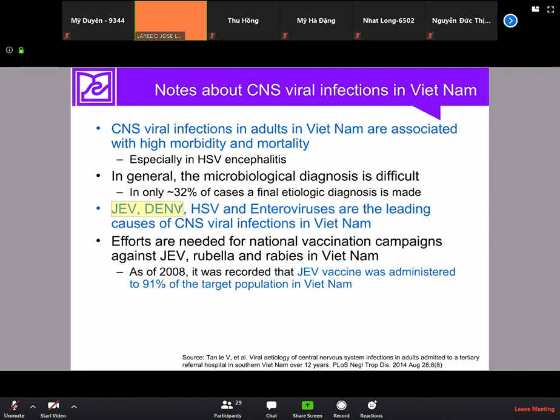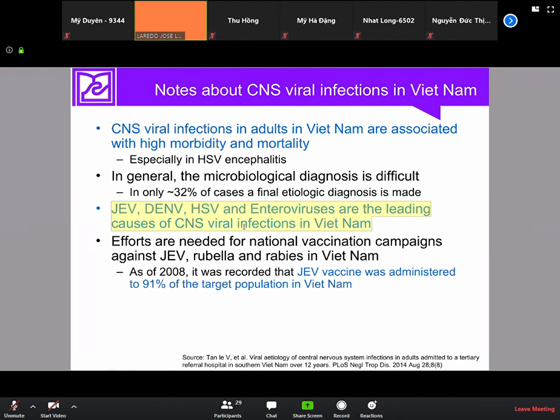Remember the picture that I showed you yesterday with dengue in the center, encephalitis. You remember? Yes, the 3 circle. Yes, exactly. Herpes simplex virus and enteroviruses. For example, polioviruses, okay? They are the leading causes of encephalitis in Vietnam.